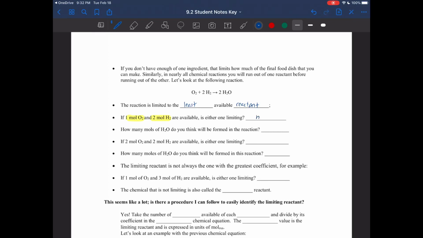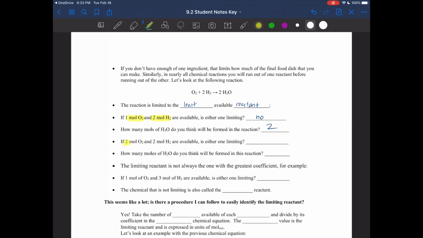So we'll say no, neither of them are going to limit us. We have a nice proportional amount that we can use. How many moles of H2O do you think will be formed if we have 1 mole of O2 and 2 moles of H2? Well, it actually says it right here, 1, 2, 2. So we will have 2 moles of H2O formed.